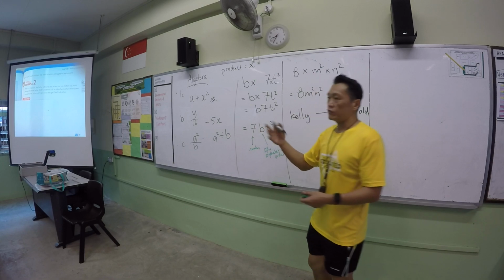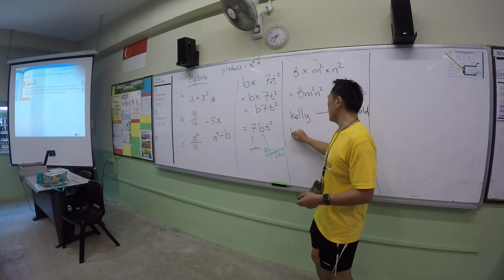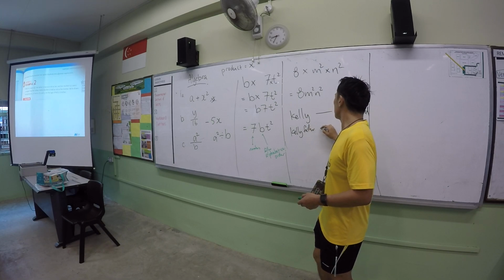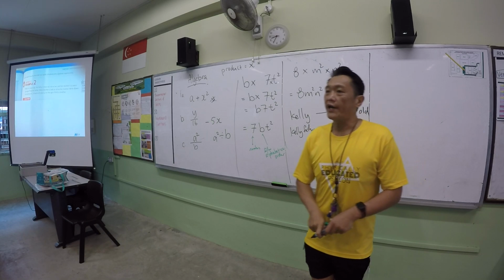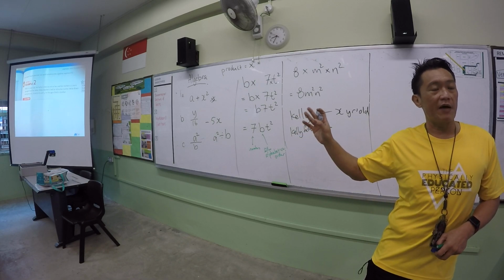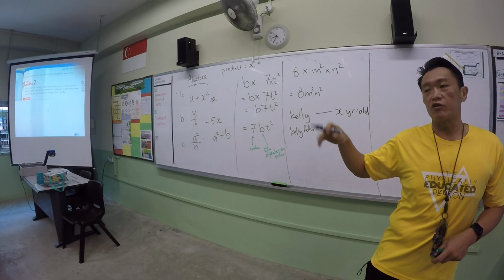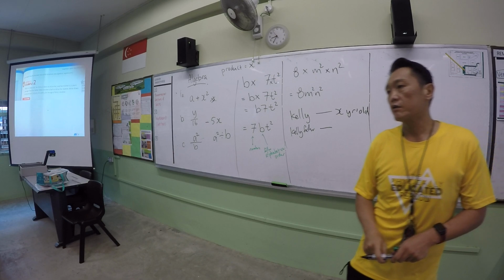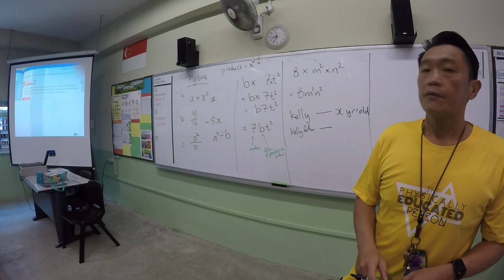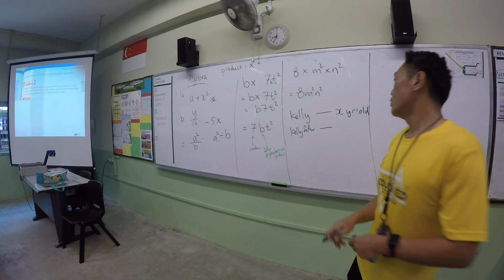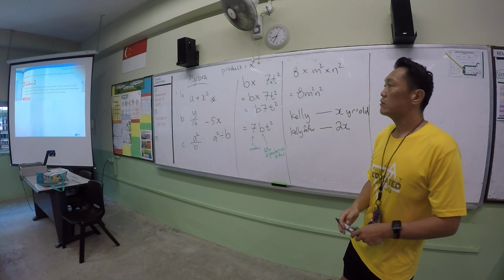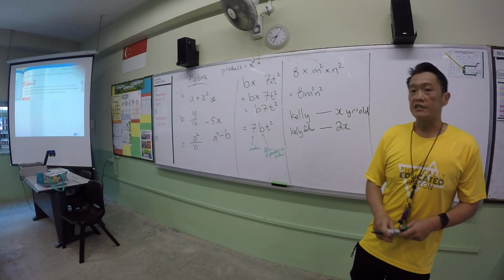So if I want to first write down Kelly's father's age, twice as old as her, X must multiply by a number, right? Twice as old, so X must multiply by 2. Yeah. So Kelly's father is 2x years old. As simple as that.